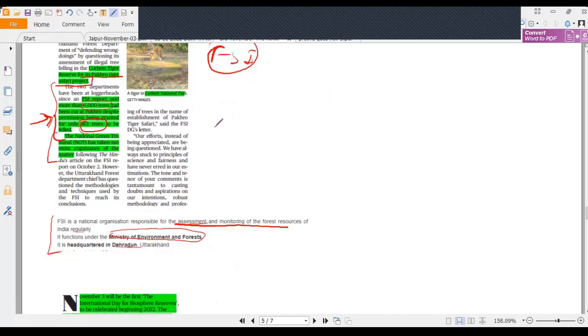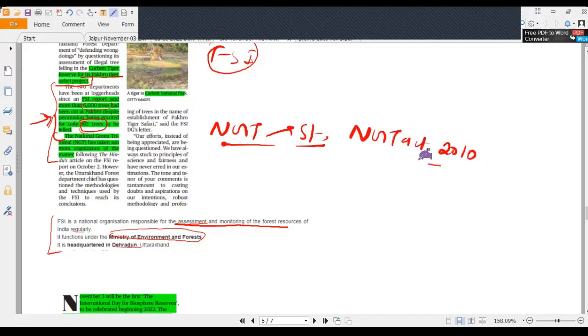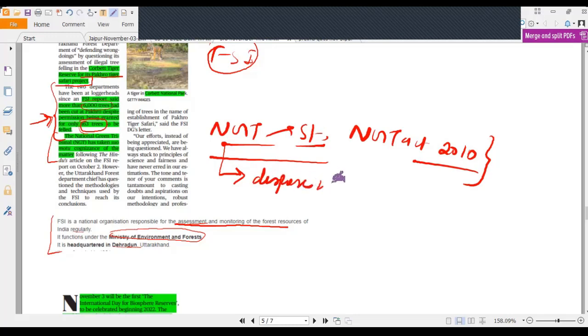Now from prelims point of view, let us understand about National Green Tribunal. So it is a statutory body formed under National Green Tribunal Act 2010. This was formed for expeditious disposal of cases related to environmental protection and conservation of forests. Its mandate is to dispose cases within 6 months.